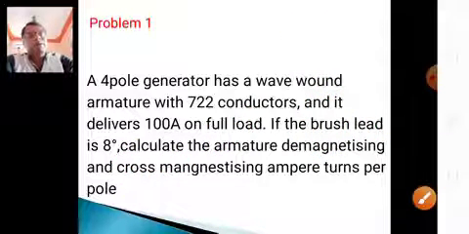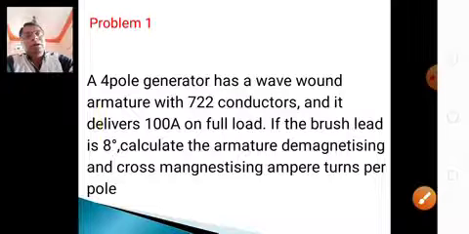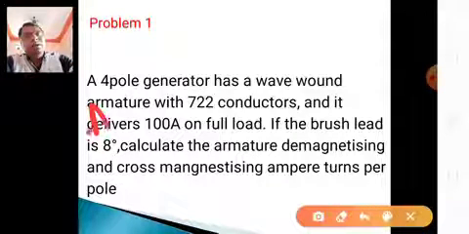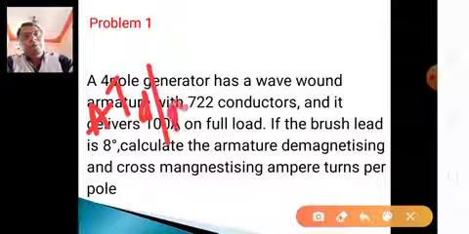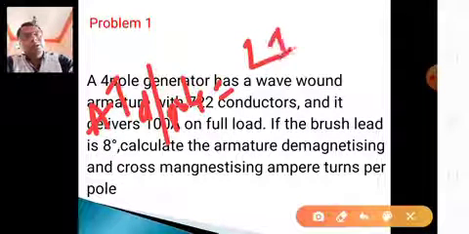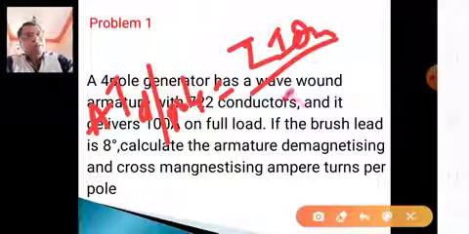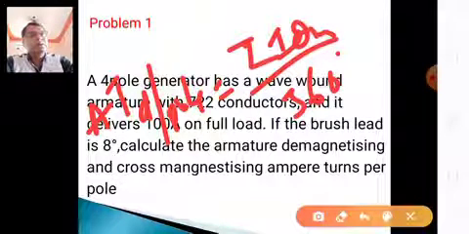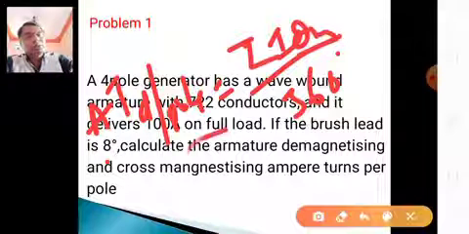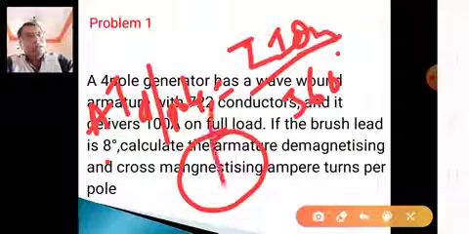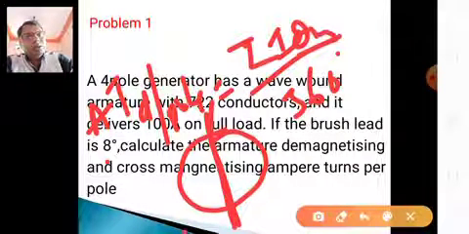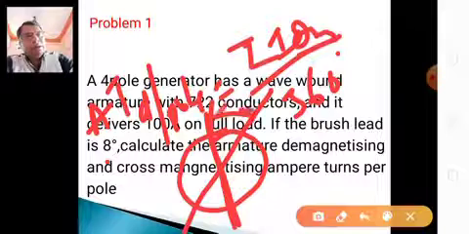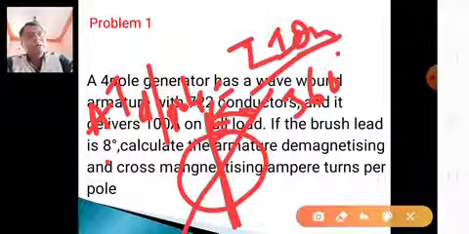What are the formulas? The demagnetizing ampere turns per pole is Z into I into theta m by 360 degrees. Theta m is already given: the brush lead angle is 8 degrees. When the brush is shifted from the MNA by some angle, that is the lead of 8 degrees.